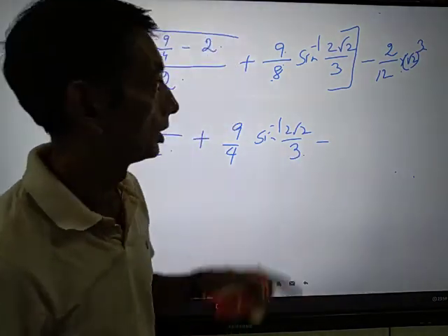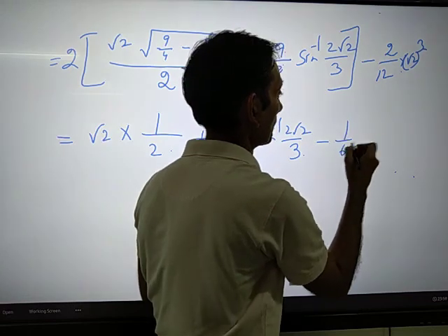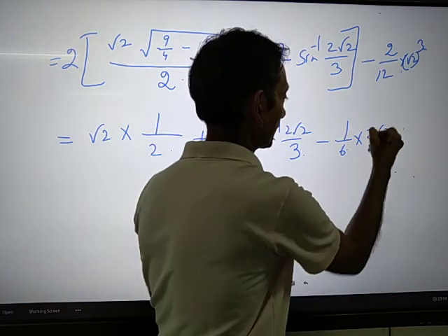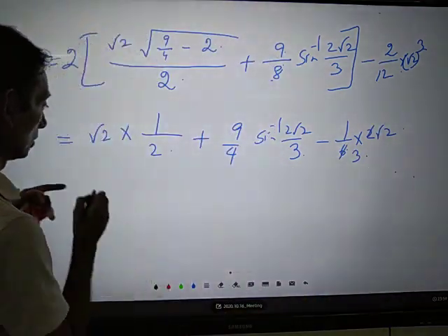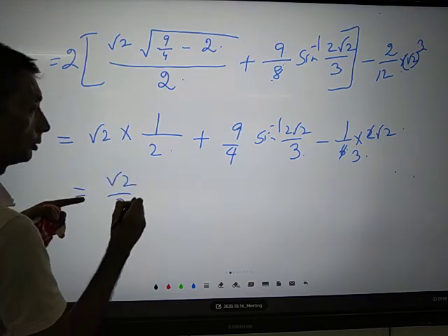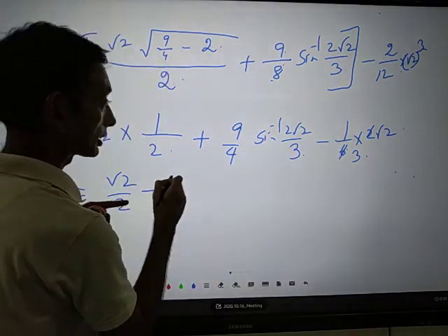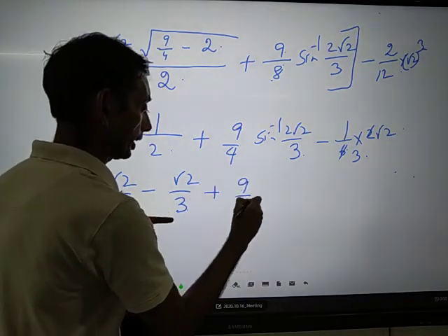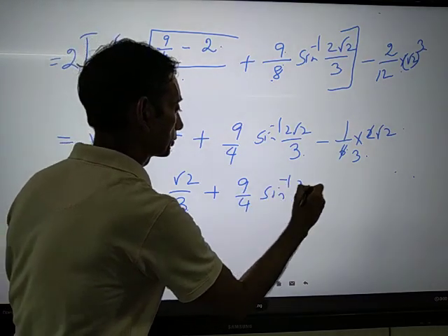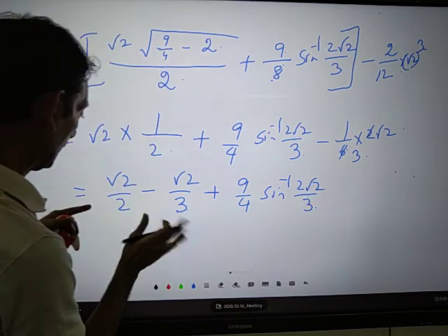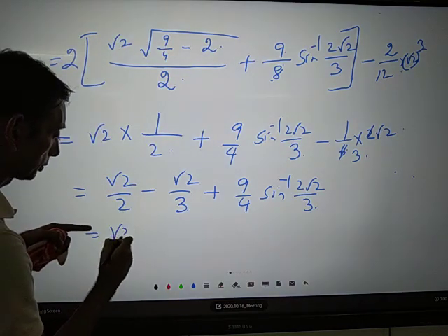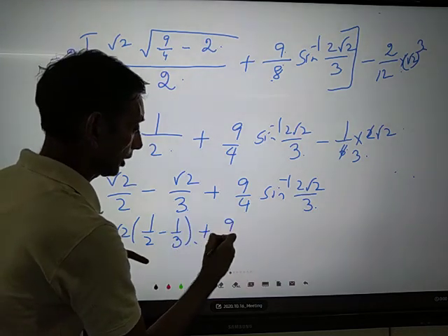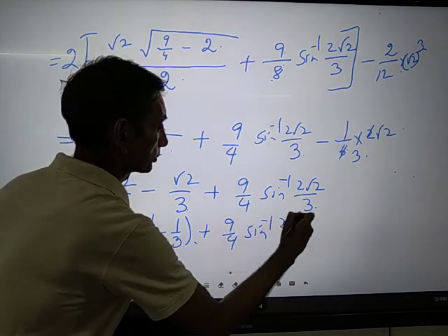And what's the last term? If you cancel this, it's 1 by 6, and root 2 cube is 2 root 2, so we can cancel this, it will be 1 by 3, so this is root 2 by 3. These terms we can write together: 9 by 4 sine inverse 2 root 2 by 3, and if you take root 2 common, this is half minus 1 by 3, plus 9 by 4 sine inverse 2 root 2 by 3.